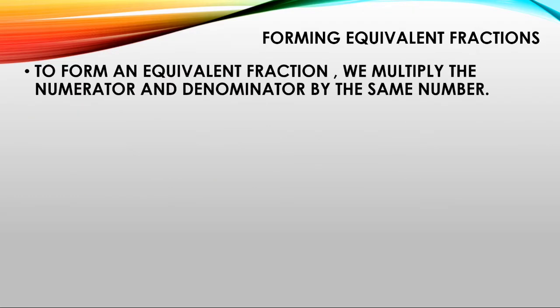To form equivalent fractions, we multiply the numerator and denominator of the given fraction by the same number. For example, if 1/4 is the given fraction, multiply by 2: 1/4 times 2/2. We will get 2/8.